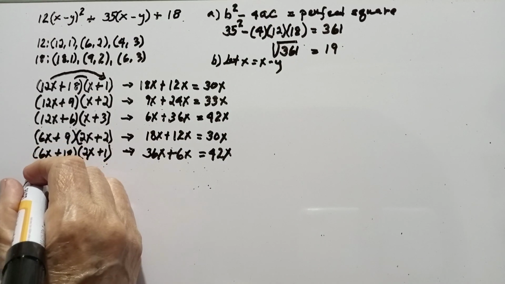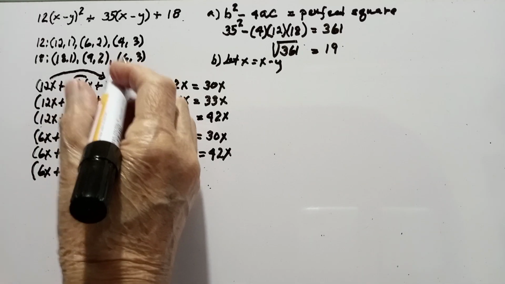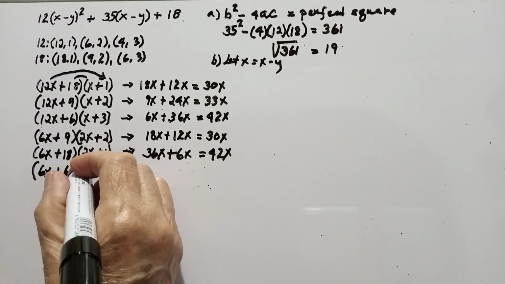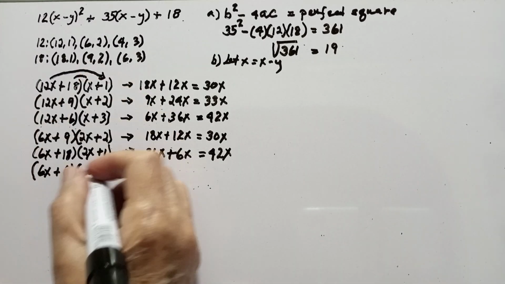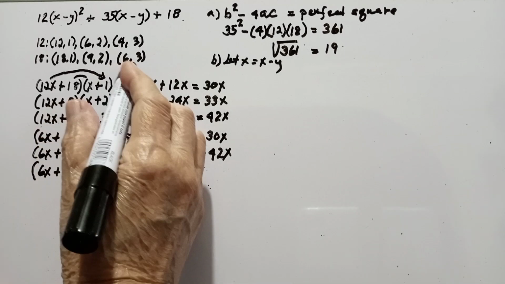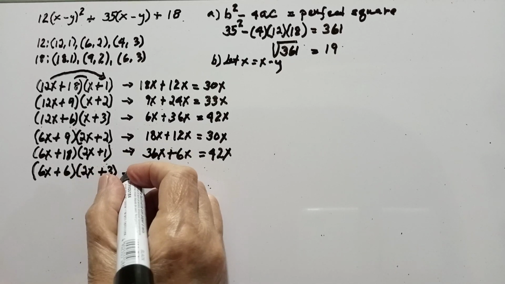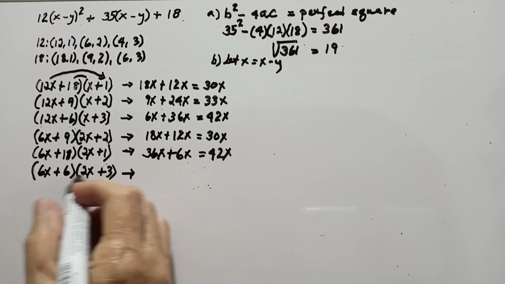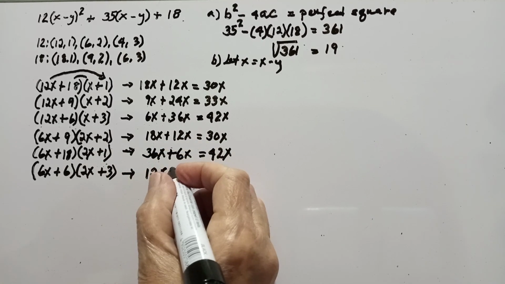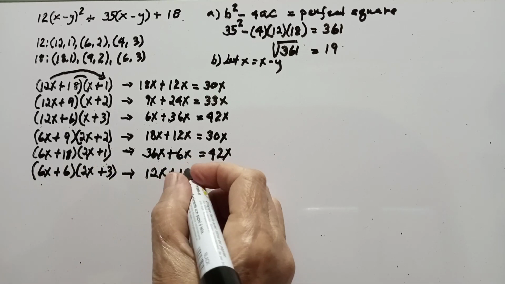So 6x plus, we are now in the last one, 6 times 2x plus 3, so that would be 6 times 2 is 12x plus 6 times 3 is 18x.